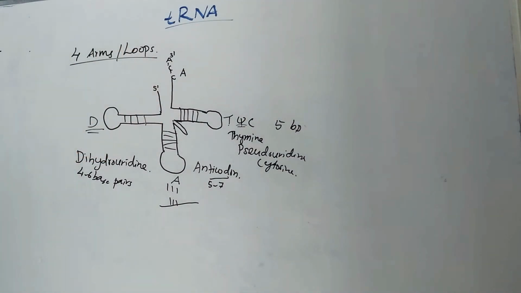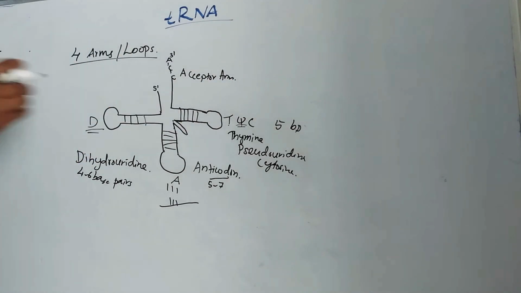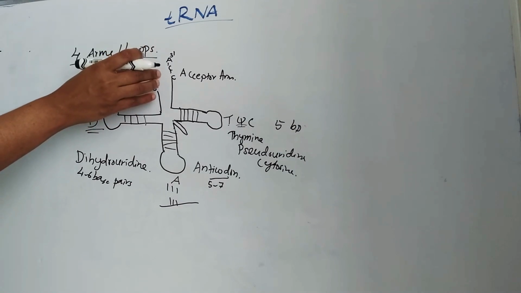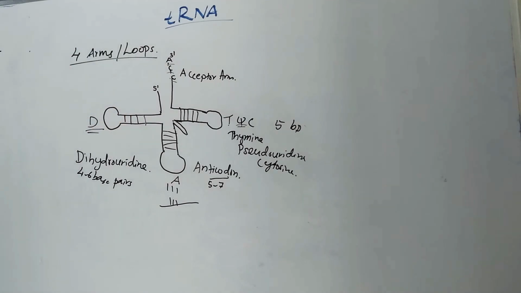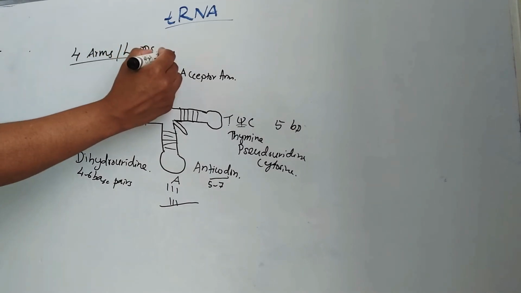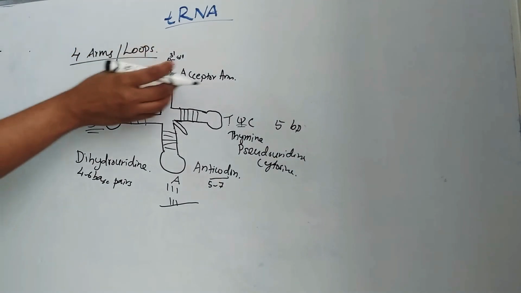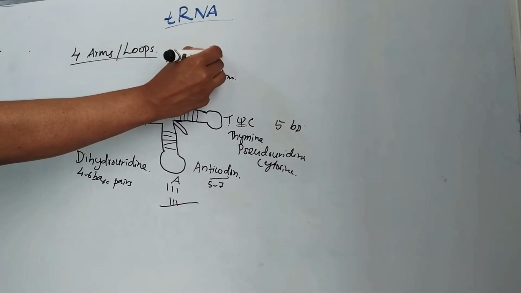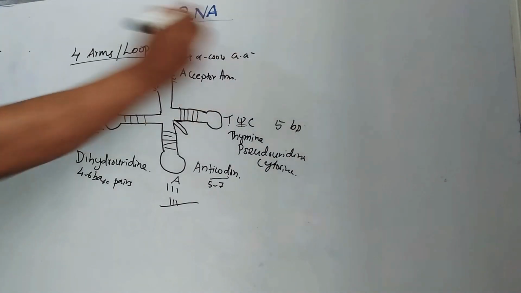The next one is the acceptor arm. This consists of unpaired sequences of cytosine, cytosine and adenine at the 3' end. The 3' end is the acceptor end. The 3' hydroxyl terminal of adenine may bind with the alpha carboxyl group of the incoming specific amino acid.